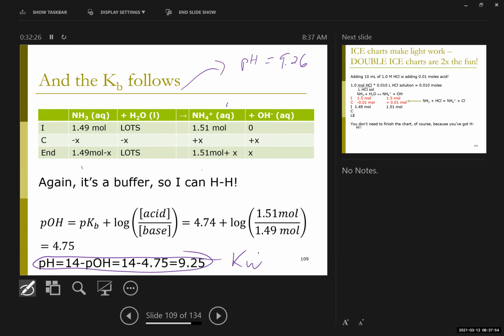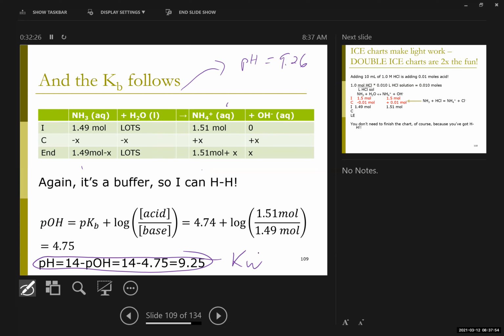you can do those as two separate ice charts, right? But you can see what it did. It just did exactly the opposite of what my HCl did. I have a little less ammonium, the acid part of the conjugate pair, and I have a little more of the ammonia, the base part of the conjugate pair.